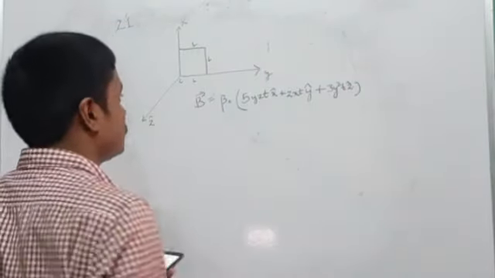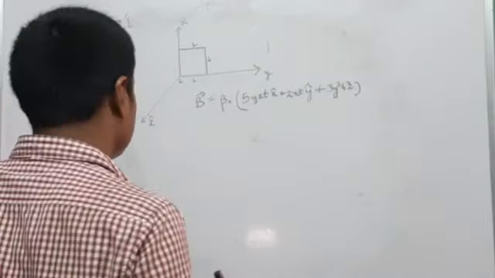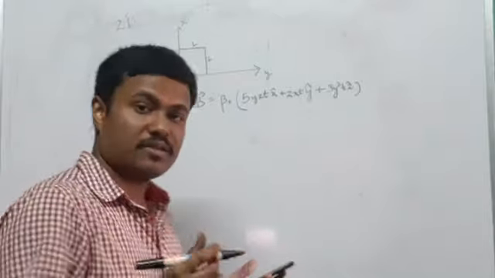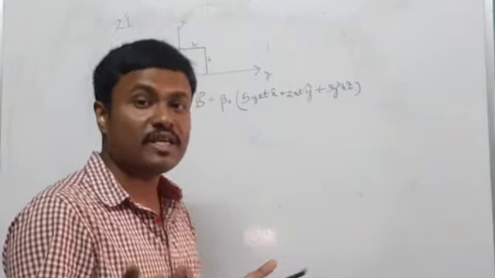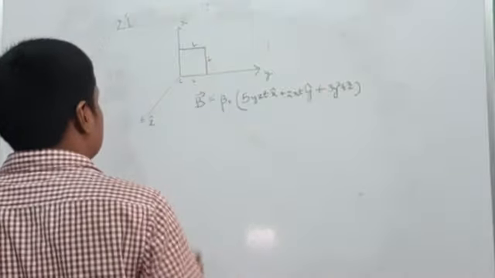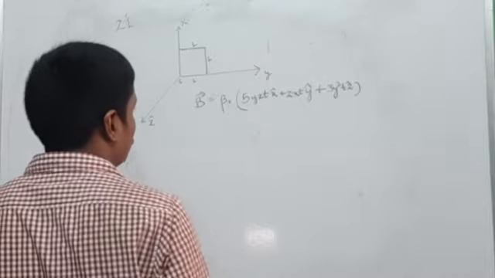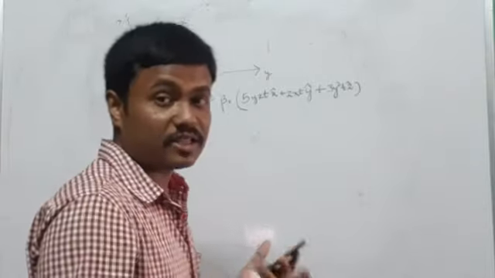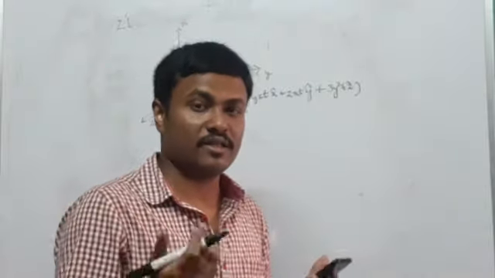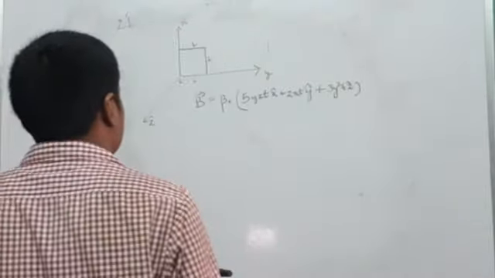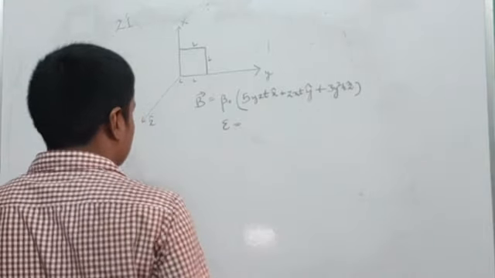Beta 0 is a constant, and this is the full magnetic field. You see it has components in all the directions, and all you have to find is the magnitude of the induced EMF. You know that the magnetic field is changing with time, so according to Faraday's law of electromagnetic induction, it has to induce an EMF in the square loop, following which it can induce a current.